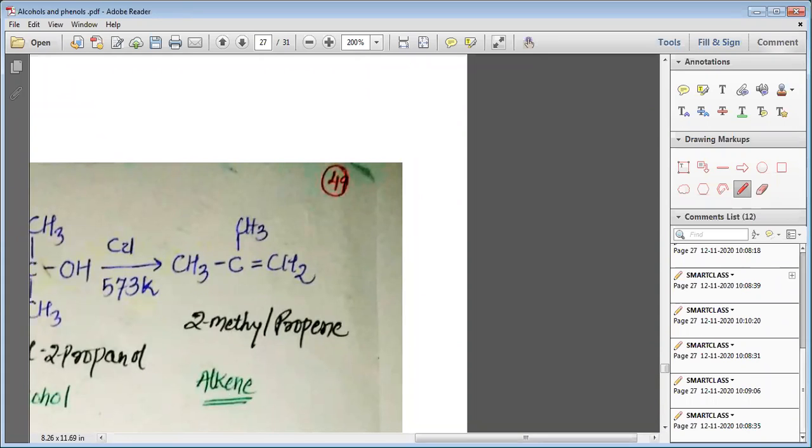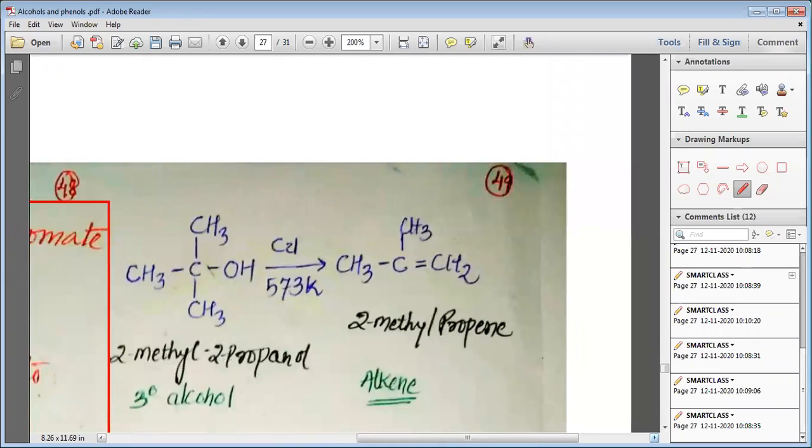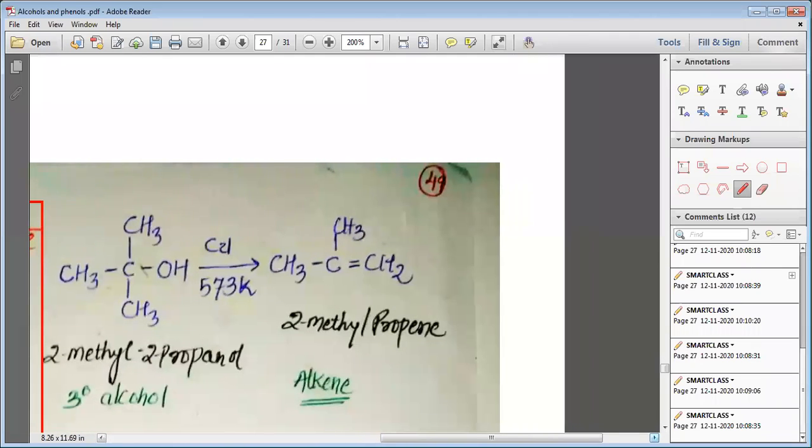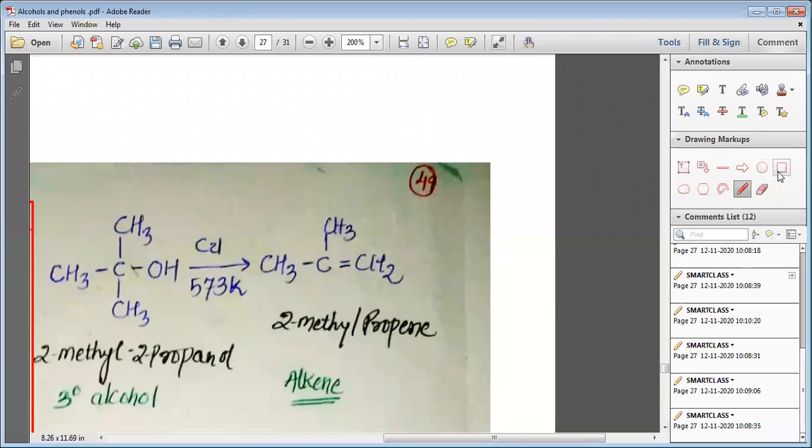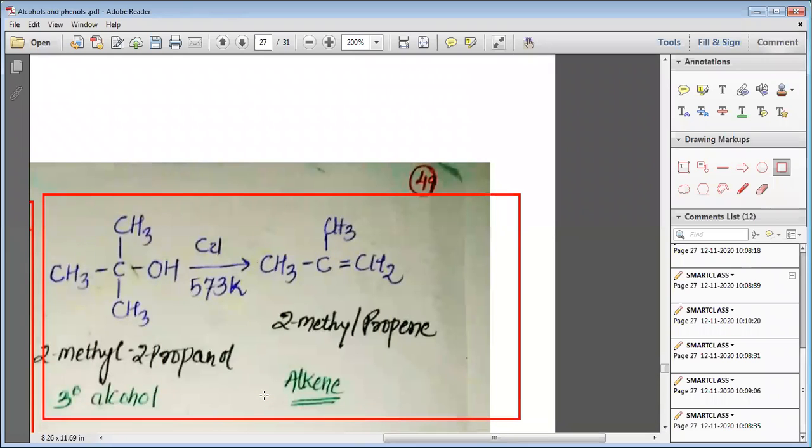You can easily see it here in this reaction that when we heat the tertiary alcohol, 2-methyl-2-propanol, it is the tertiary alcohol.